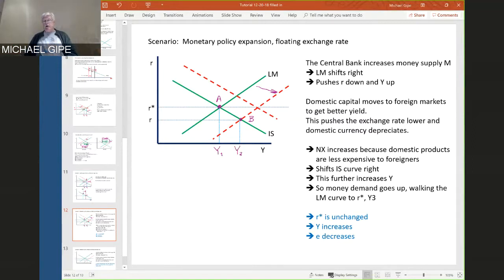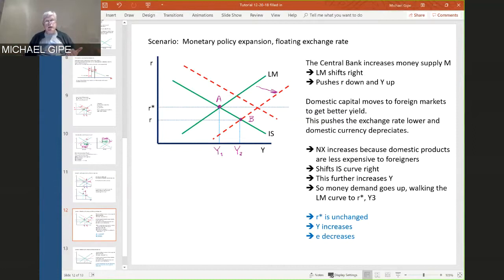But then, of course, our domestic interest rate is now tending down. It's being pushed down, and that makes holders of domestic capital want to look for a better return, and they could find that in a foreign market in order to get better yield. They get a little higher interest rate because that's still at the real world interest rate.